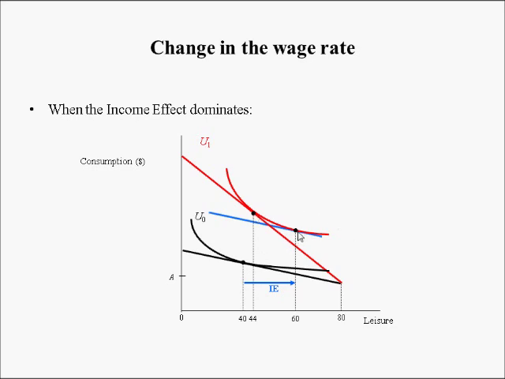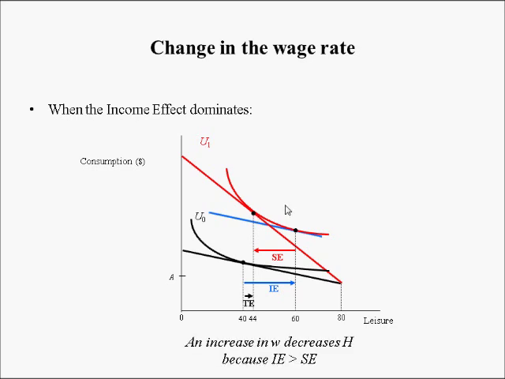The substitution effect is the movement along the new indifference curve, from the hypothetical optimal solution to the final optimal solution. That's the substitution effect, and notice the income effect is bigger than the substitution effect. So the total effect is from the original optimal solution to the final optimal solution.